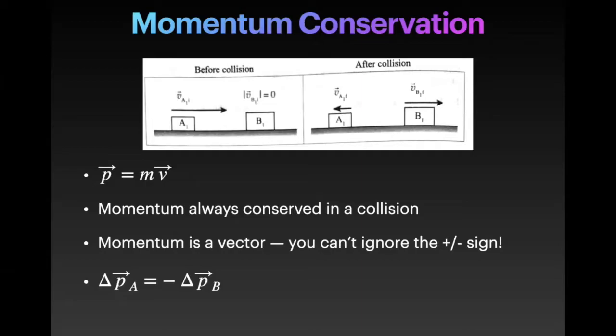In this example, A starts with positive momentum and ends with negative, so its change in momentum is negative. B starts with 0 momentum and ends with positive, so its change in momentum is positive. The changes have opposite signs, but they're equal in magnitude.